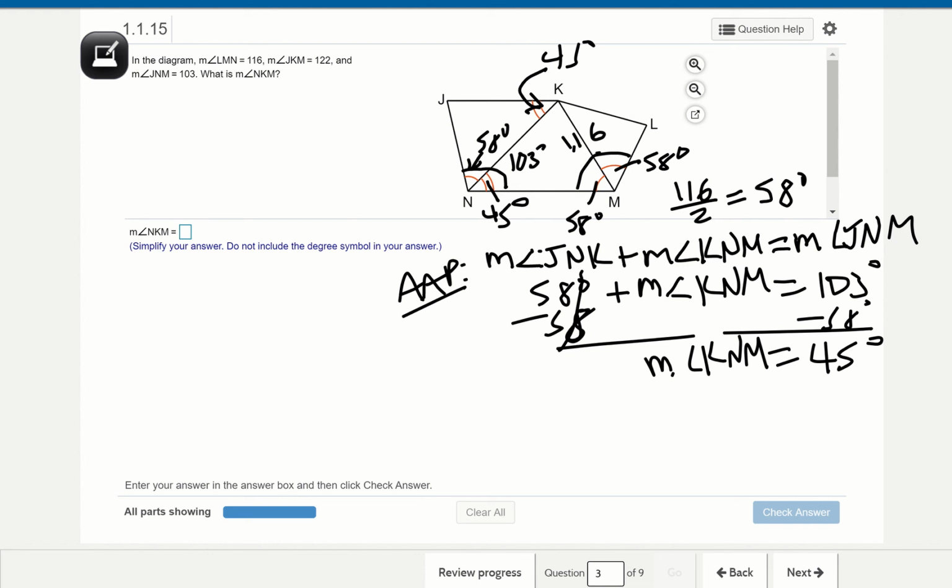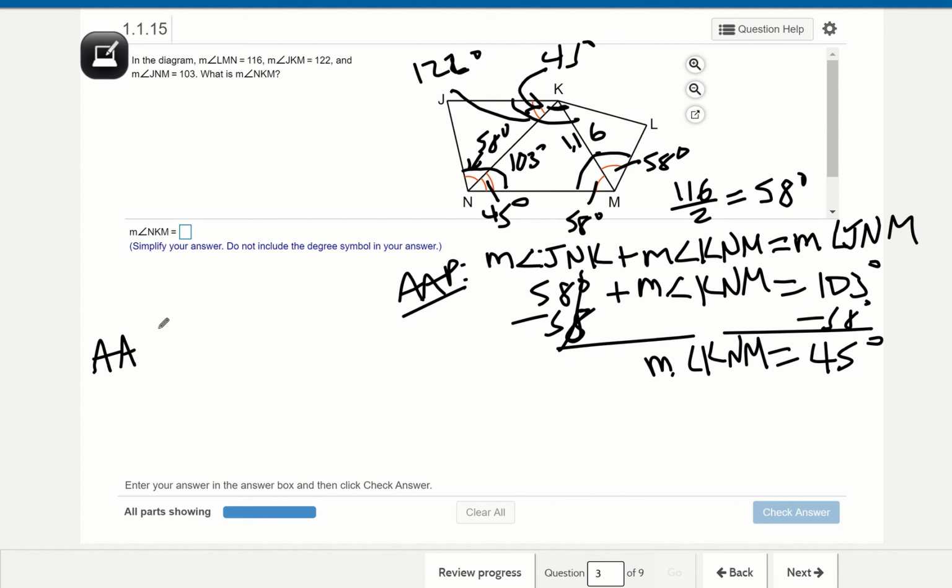And so then we're going to use our final clue here. They tell us that JKM is 122. So they said that that big angle is 122. Then the two mini angles, the 45 degrees and the one that we're looking for, should add up to the big angle, 122, right? So that's another angle addition postulate.